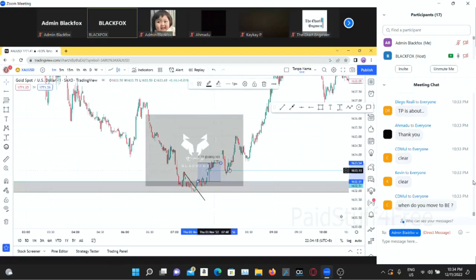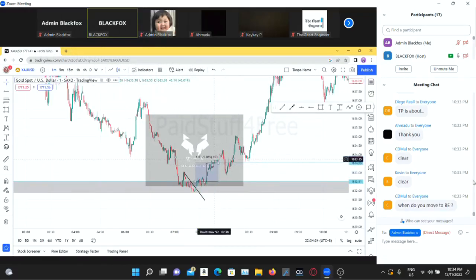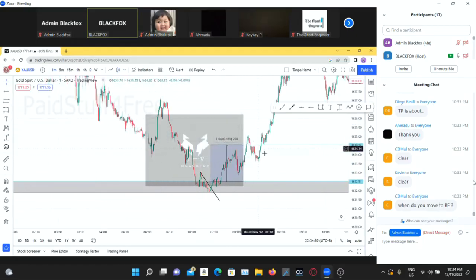If you put 10 pips at 30 pips, I will stick to my SL, because the price will go make structure, right? Then I will stick to my SL. When the price goes to 50 pips, then I will set BE. If 50 or 40, I will set BE around 20 pips. This is my BE.